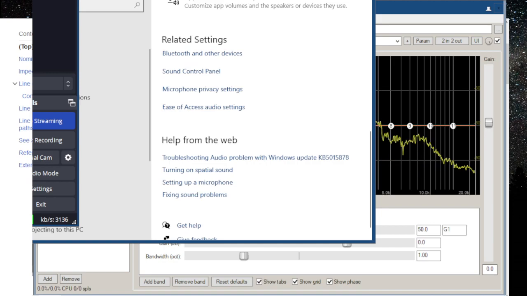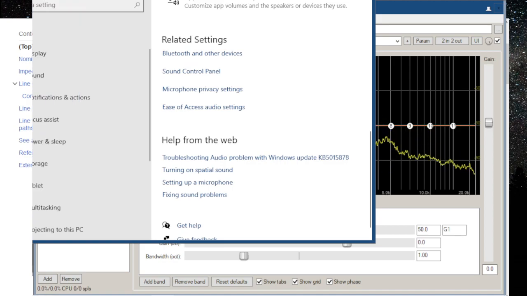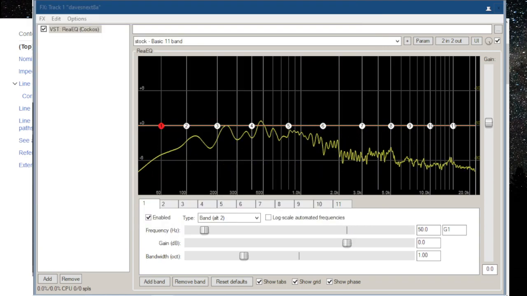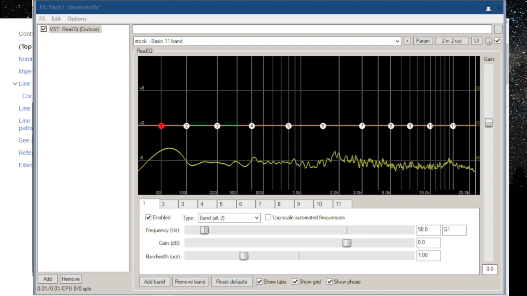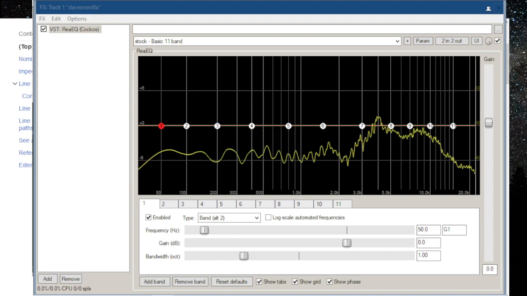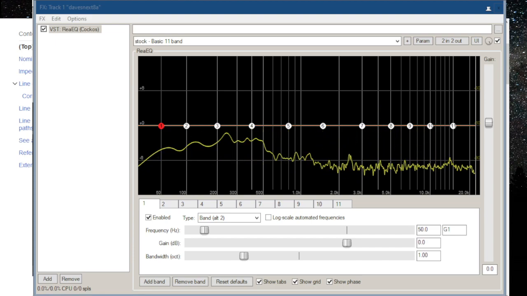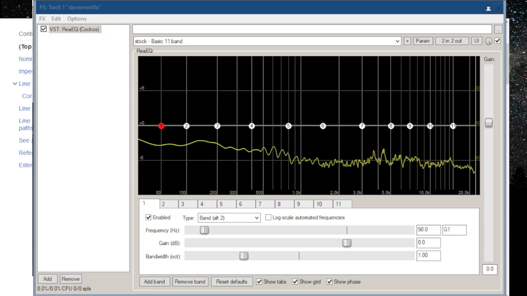Oh, there it goes. It just came back. Alright, good. So now I've got it set to 44.1 kilohertz, 16-bit. I'm going to run that test again real quick. We're going to set it at 1 kilohertz.